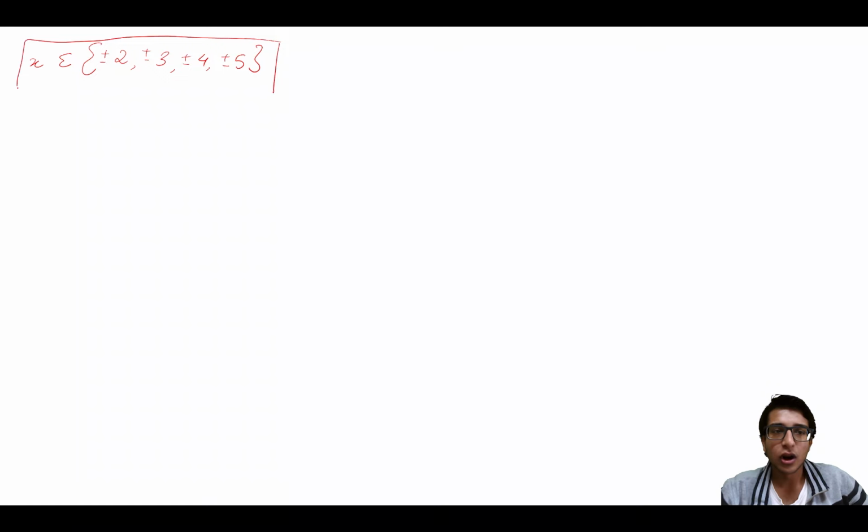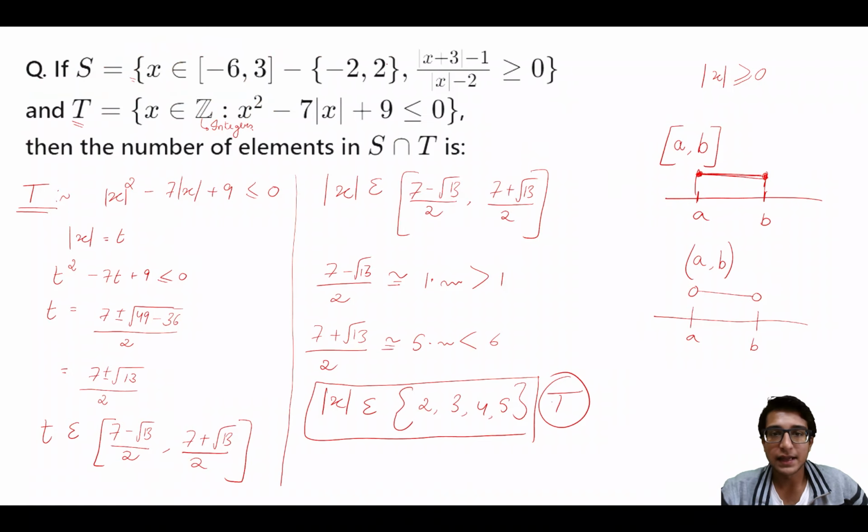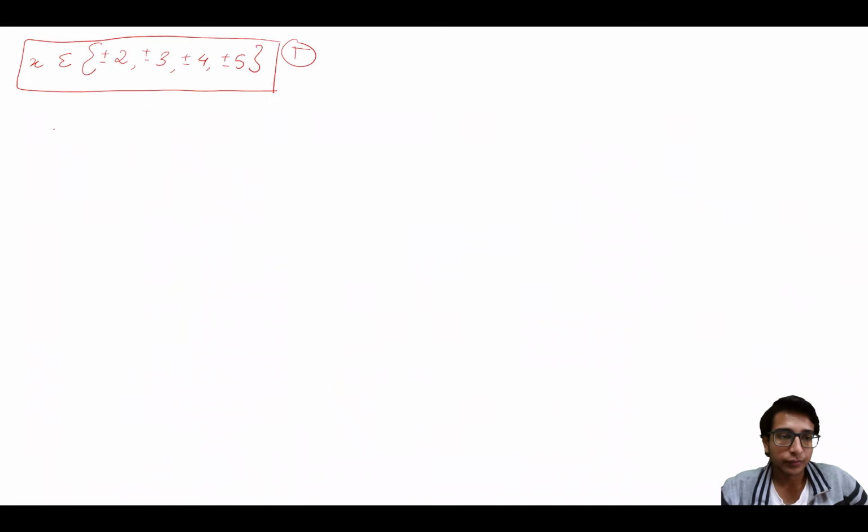However, this is not necessary for me, because if I look at my s set, in my s set they've given us an equation which has modulus x in it. So I can directly put the values of modulus x rather than putting the values of x, right? So the equation that they've given us is modulus (x plus 3) minus 1 upon modulus (x minus 2) greater than or equal to 0.